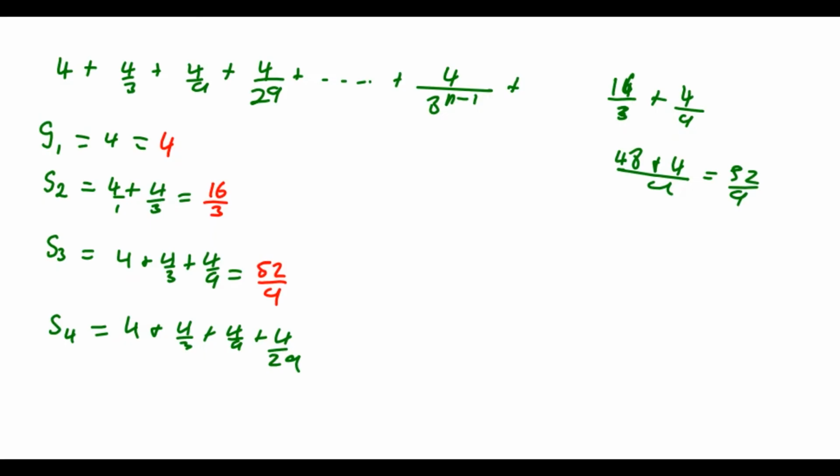What do you think you're going to get on the last one? What expression are you going to have? Of course, this part here gives me 52 over 9. What do we get when you say 52 over 9 plus 4 over 27?